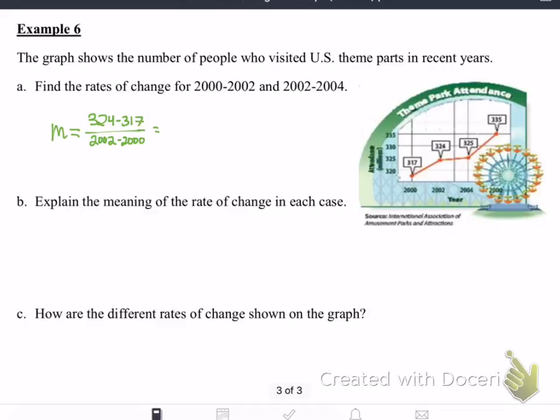And I believe this is people, right? The number of millions of people, 324 minus 317. The difference there is 7 over 2. So the rate of change is 7 over 2 for the years 2000 and 2002. Go ahead, find the rate of change for 2002 and 2004.